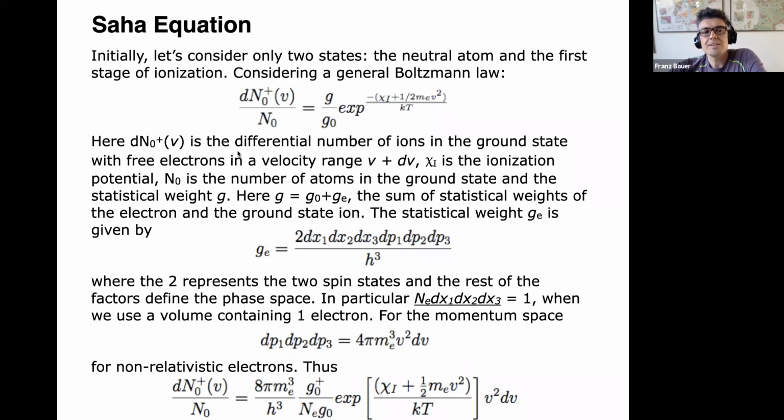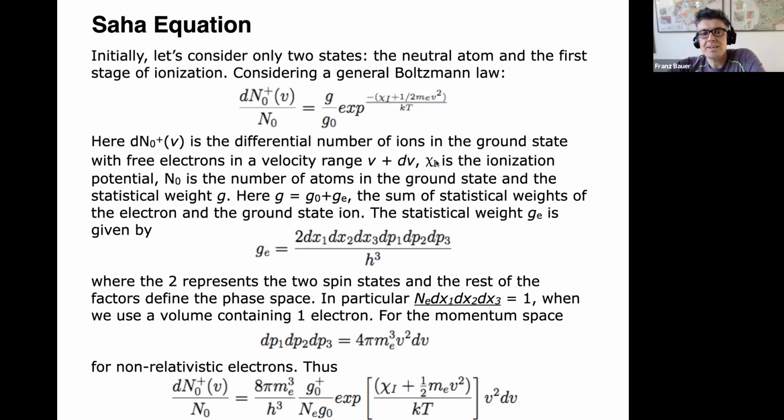This is basically the differential number of ions in the ground state with free electrons in some velocity range. And so this ratio to the ground state is proportional to our statistical weights and the exponential of the ionization potential and some velocity here with respect to the system.